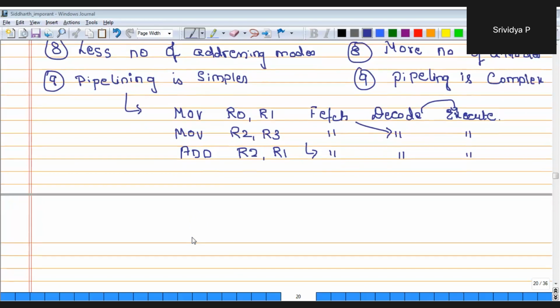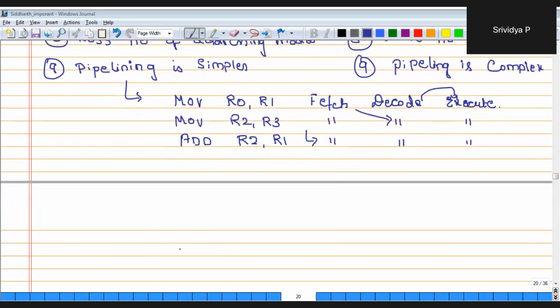To summarize CISC architecture, the instruction set that is supported has many addressing modes for arithmetic and logical instructions. There are many memory accesses during ALU operations and during data transfer instructions.